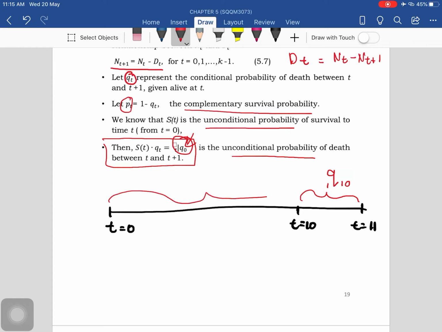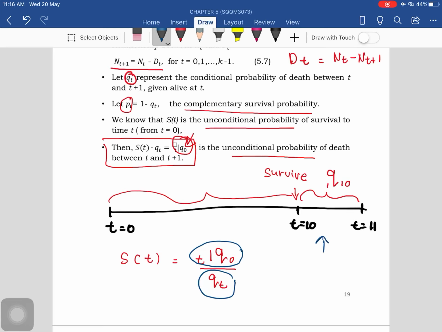We assume that until here they still survive. So ST is equal to this unconditional, so you have to divide the conditional probability by QT.